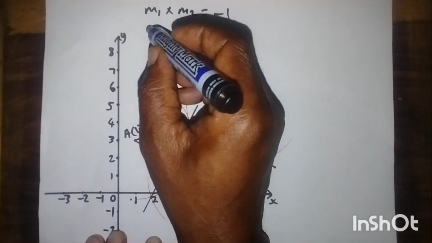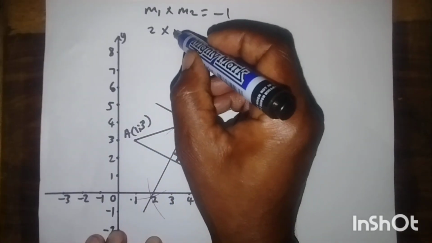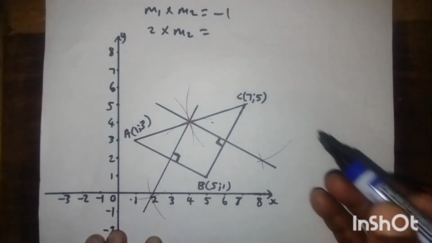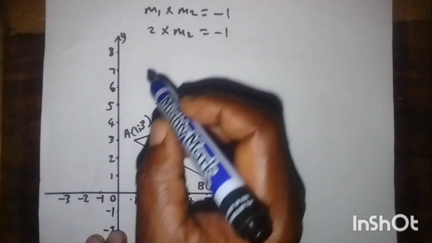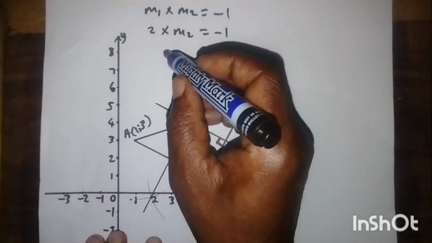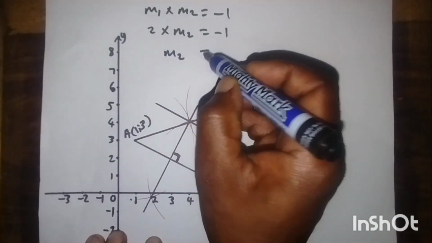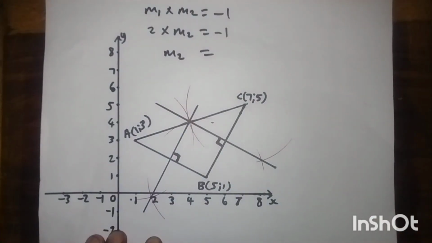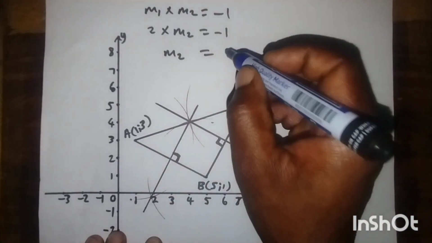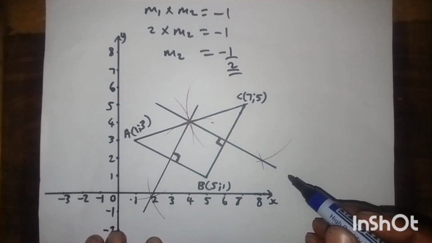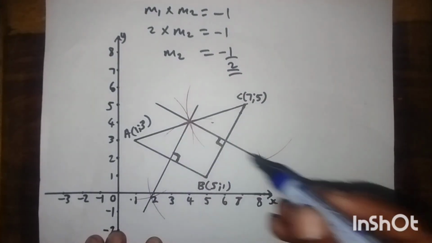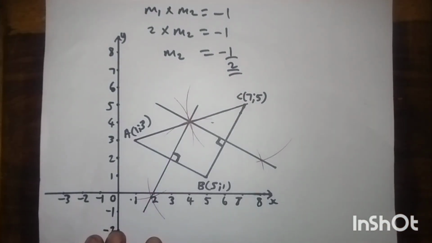So 2 multiplied by m2, which is the gradient of the perpendicular bisector of BC, equals -1. After solving this, we realize that m2 equals minus half. That's the gradient of the perpendicular bisector of BC.